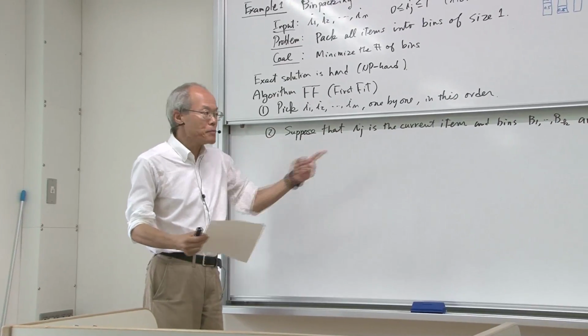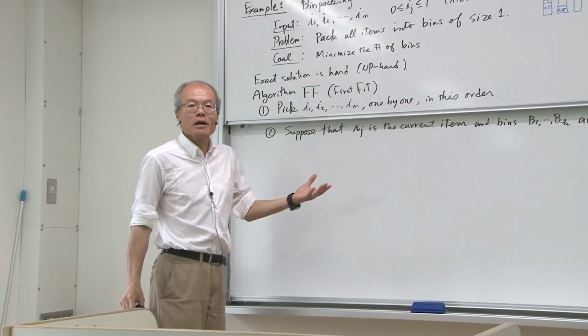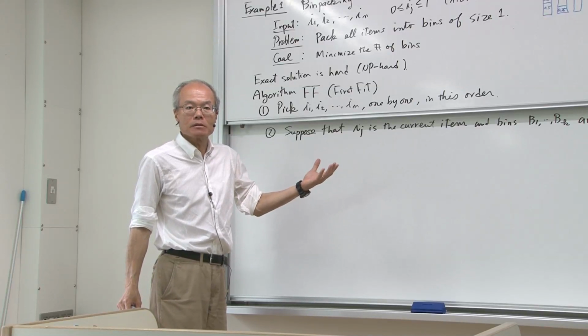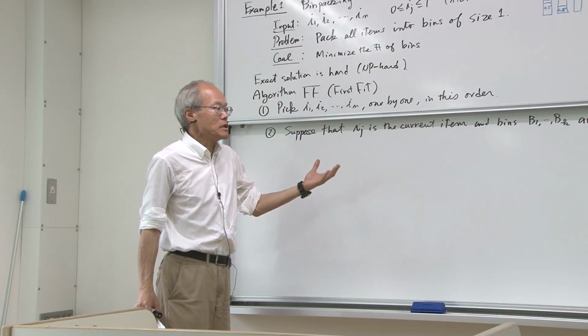We have now k bins open. Open means we are already using those bins, B1 through BK.